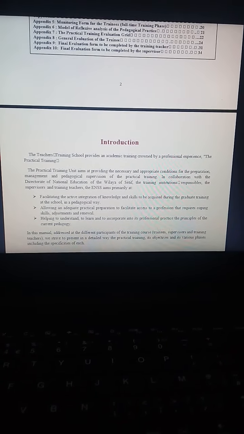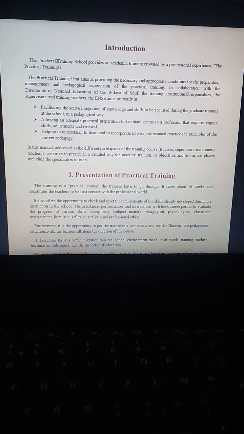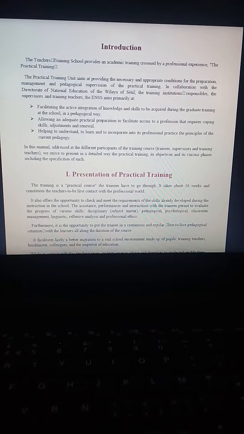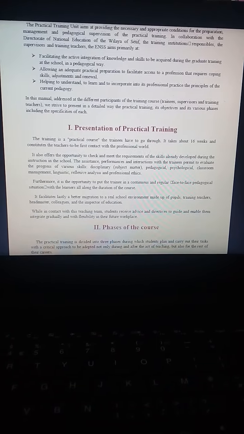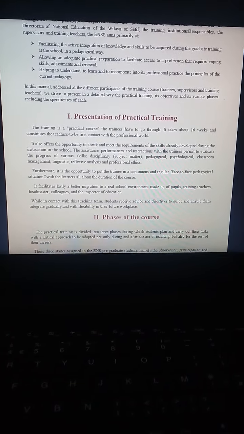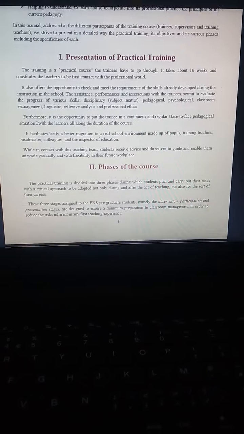So this is the introduction, and here you can have the tips that you have to do or the things that you need to mention in the introduction, and you have the presentation of practical training, then the phases of the course.